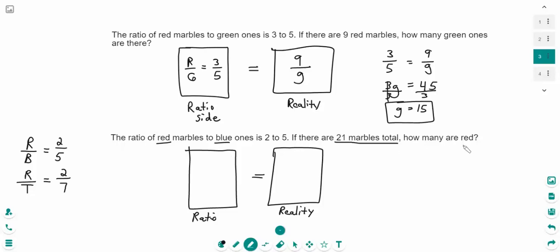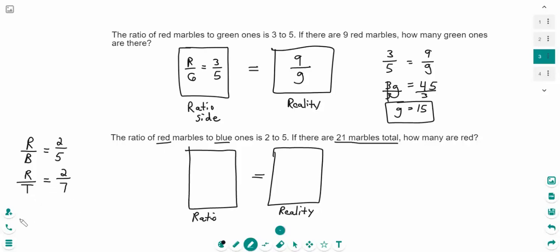The second part is dealing with the reality. What do we have in front of us? Okay, so when I say total, what we need to remember is we're adding up the total in the ratio, 5 plus 2 in this case. So we have 2 red out of the total 7 marbles in the ratio. Very important. All right, so that's a second ratio.